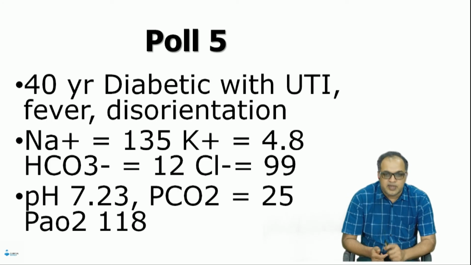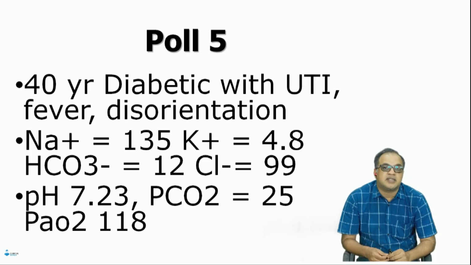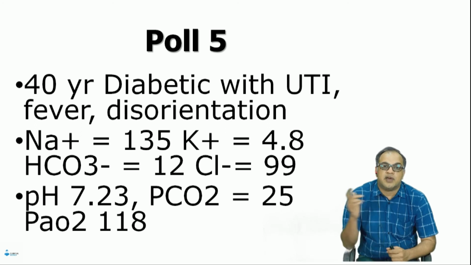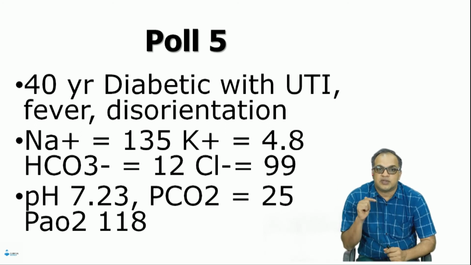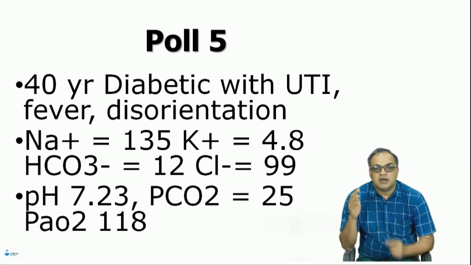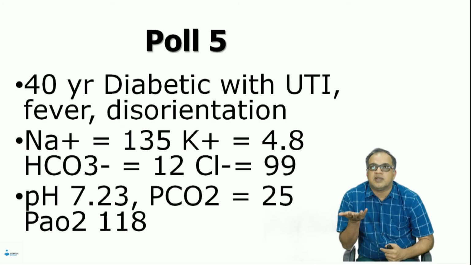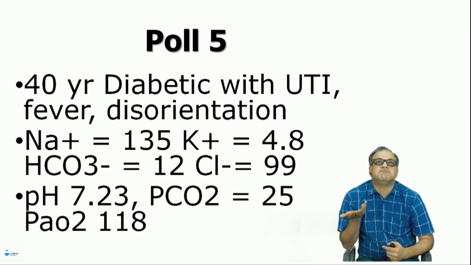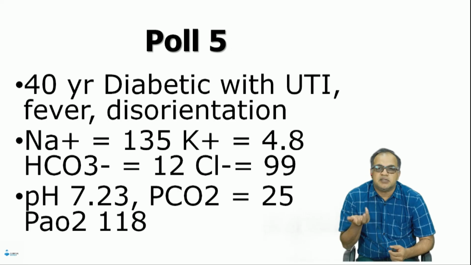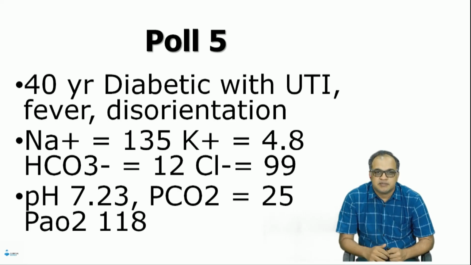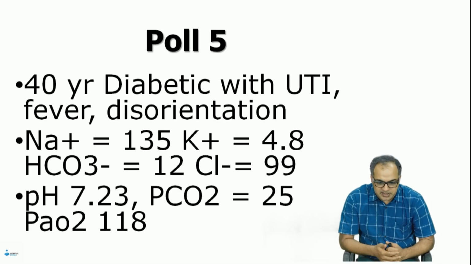It looks like it is adequately compensated. There is another way. Bicarbonate is 12. That is 12 less than 24. CO2 should also be 12 less than 40. 40 minus 12, how much is left? 27, 28, right? So PCO2 is more or less in the range. So again, it is compensated.